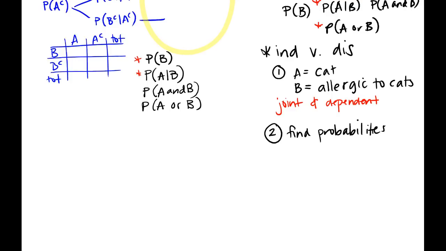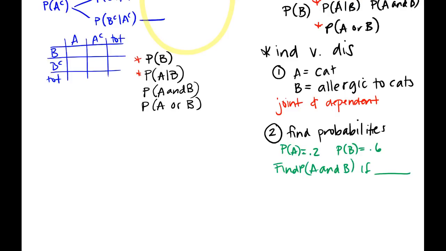So I tell you the probability of A is 0.2, the probability of B is 0.6, and then I ask you to find the probability of A and B, or A or B, whichever.